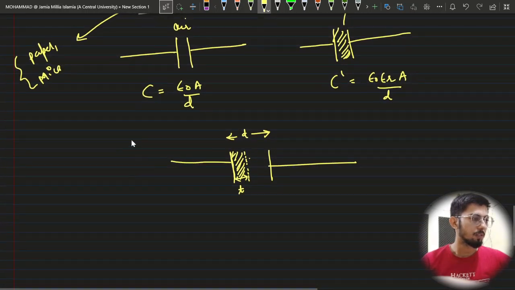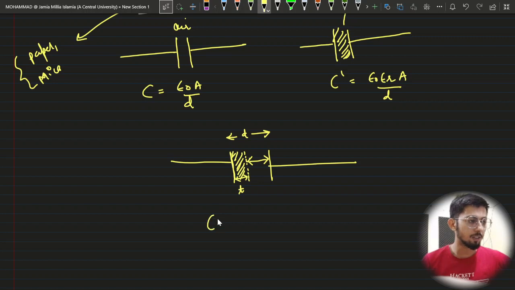So we have inserted some paper or mica here, so air is not here; in this other part of the capacitor it is still air. Now we want to know the capacitance of this, so we need the formula for that.